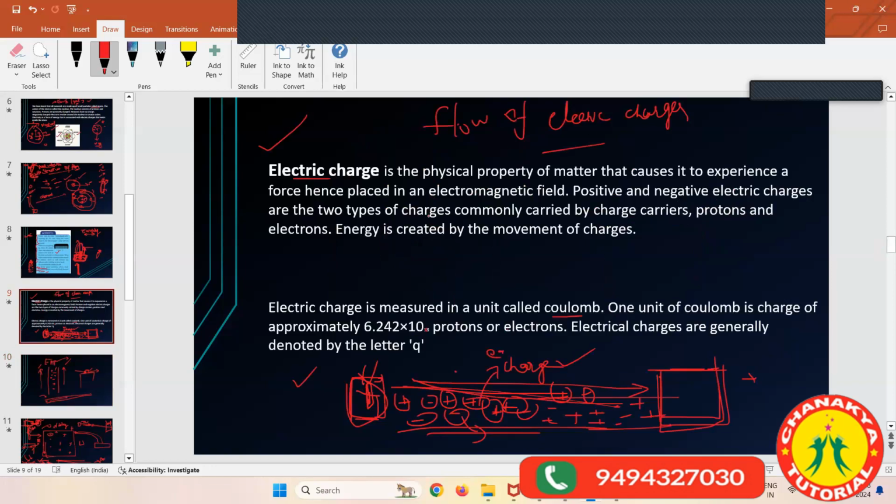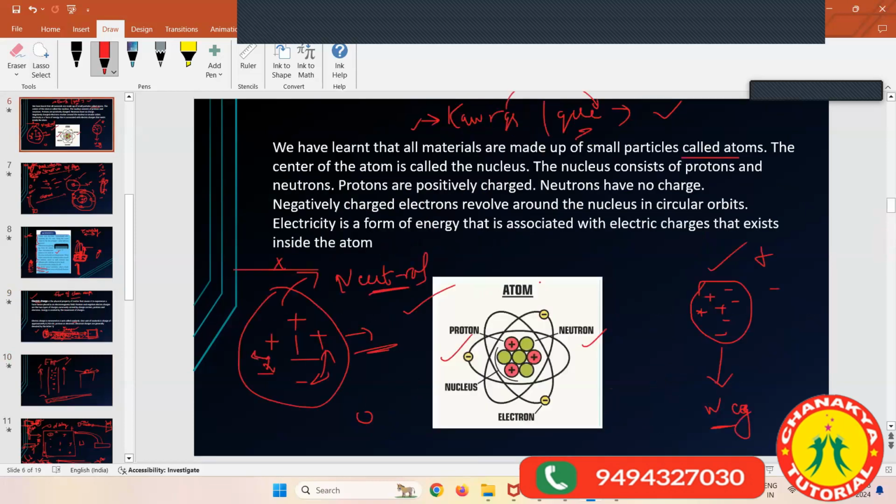Positive and negative electric charges are the types of charges commonly carried by charge carriers. Protons, as I told you in the atom class, if anyone was absent for that class, they could not have that much understanding. So an atom is a thing that has positive, negative, and neutral charges. Negative charges are called electrons, positive charges are called protons, and neutral charges are neutrons, which are zero charge. Protons and neutrons are present inside the nucleus.